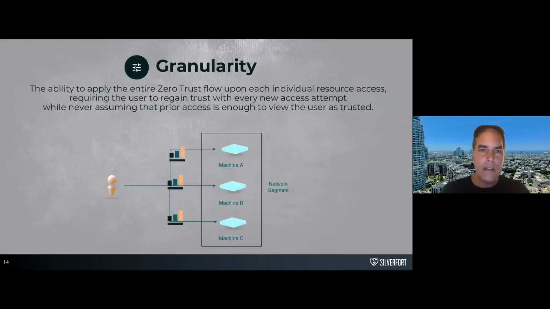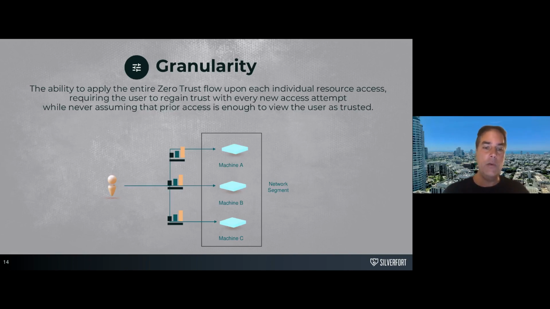All right. The last pillar I'd like to talk about is granularity. And this is an interesting one because the first three build on each other, right? Unification, seeing the whole environment, context, seeing the background of each user's behavior, and then being able to take enforcement. But granularity is interesting because it applies to each one of those, right?